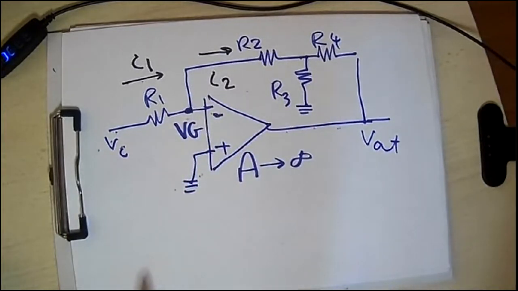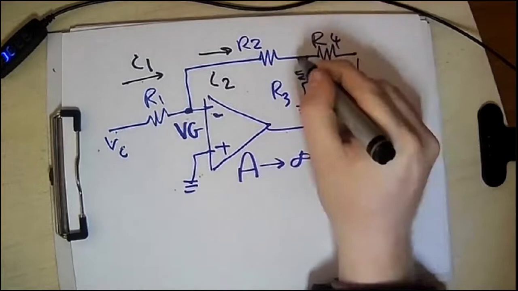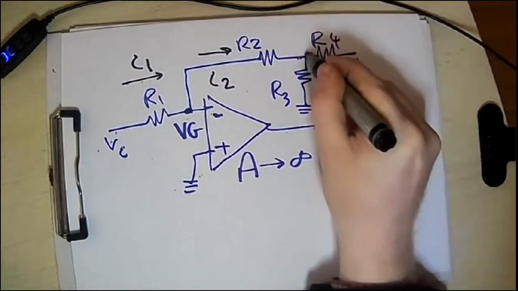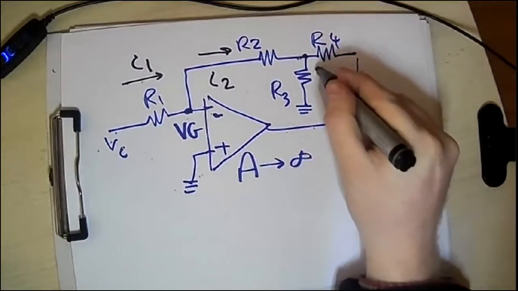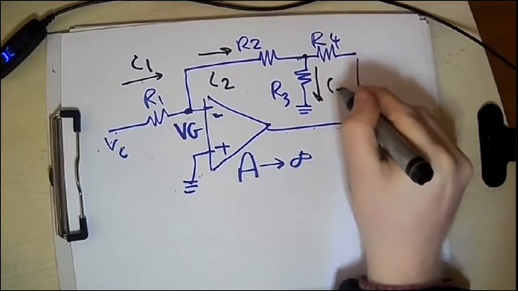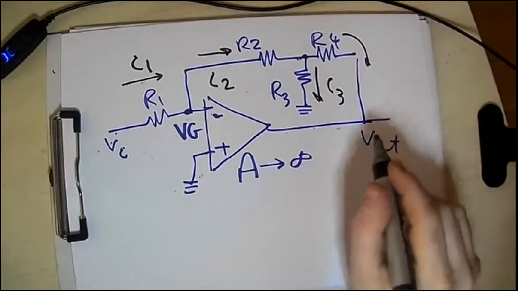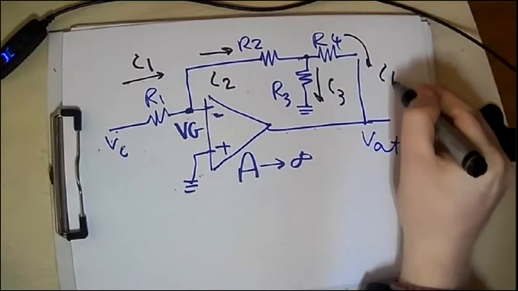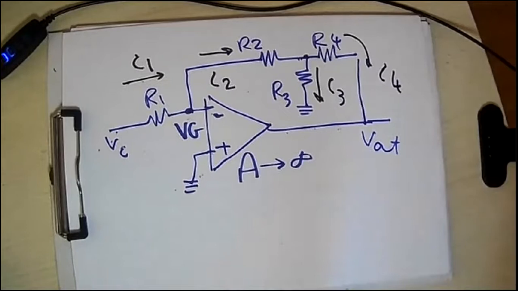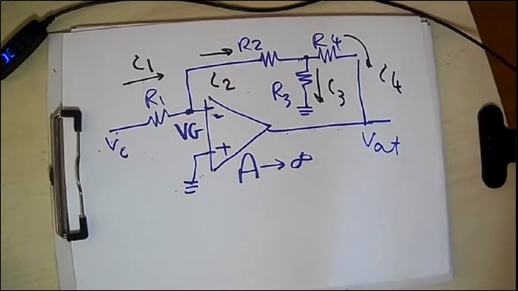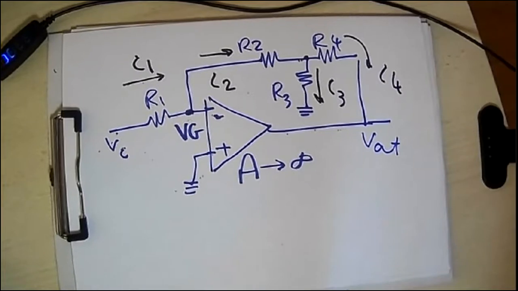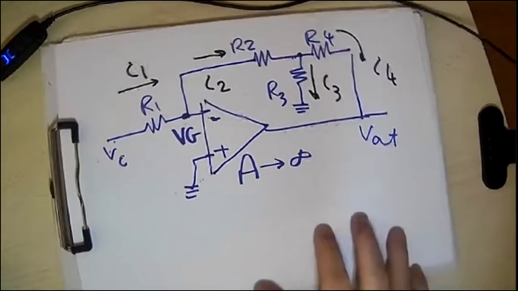Then this current at this point will be branched into 2 branches. Some current will flow in this direction, which is I3, and other current will flow in this direction, which is I4. This is typically a nodal analysis in a circuit problem. So let's start writing the expressions for these 4 currents.